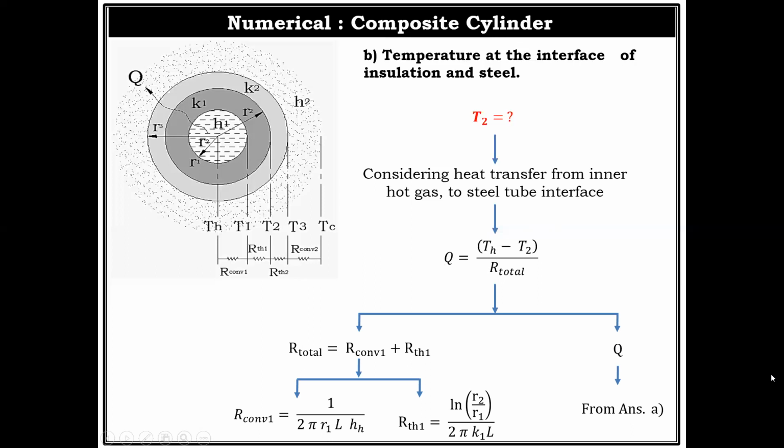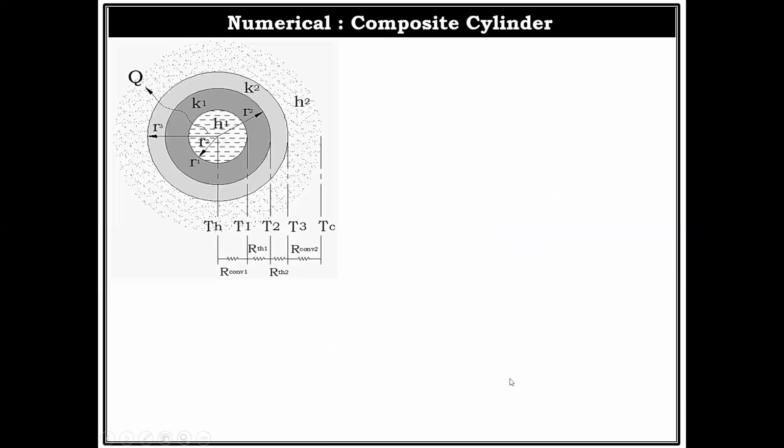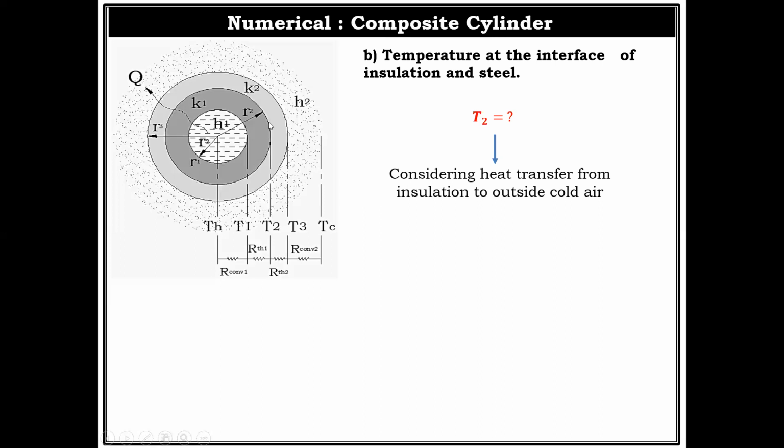Now there is another aspect in which we can consider the outer convection part. In this we will consider only heat transfer from the insulation material and the outer convection part.